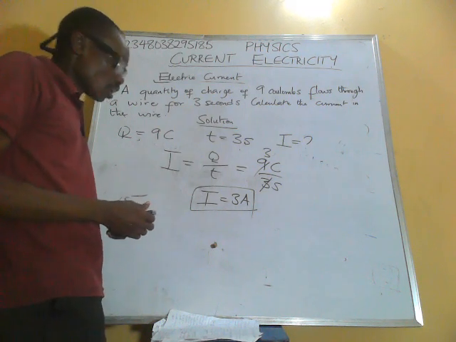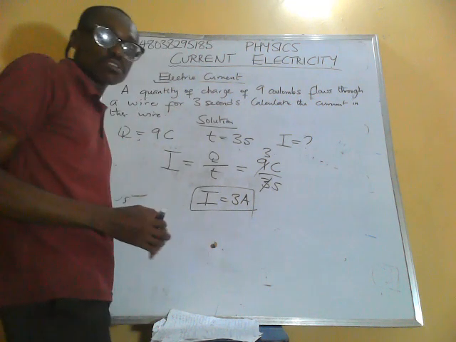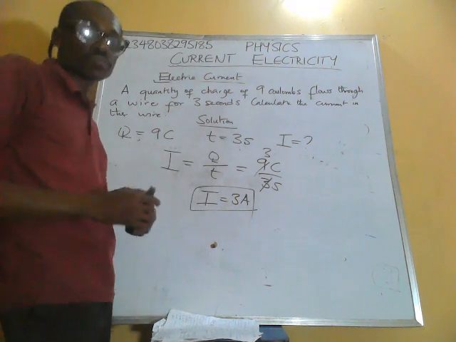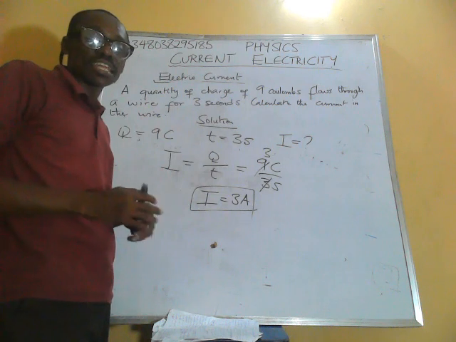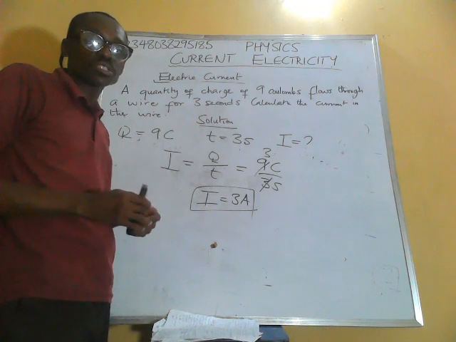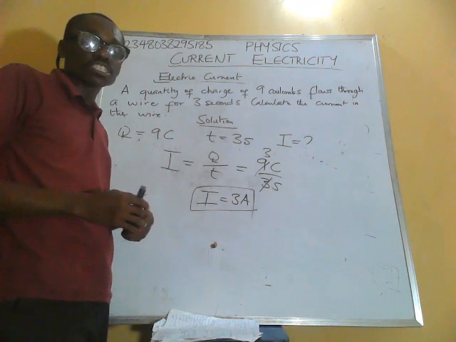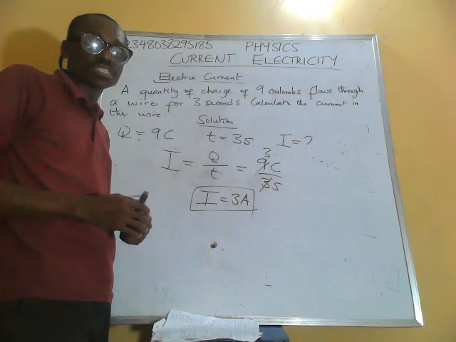Currents can vary from very large values, such as in electric motors, to very small values, such as in transistors, radio, capacitors, and the rest.